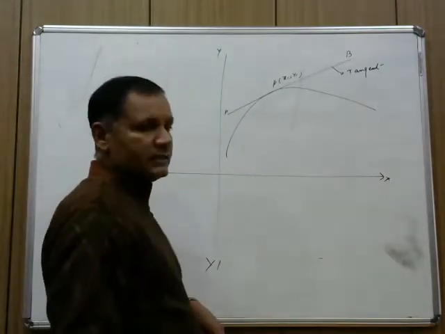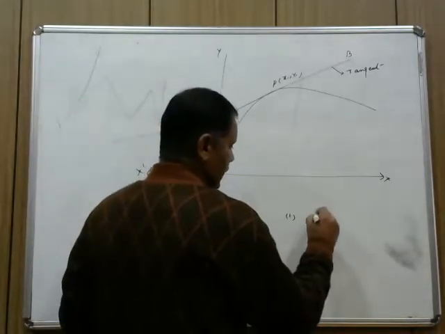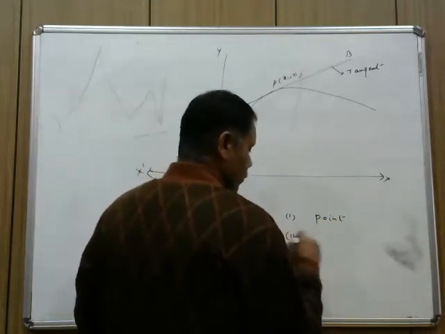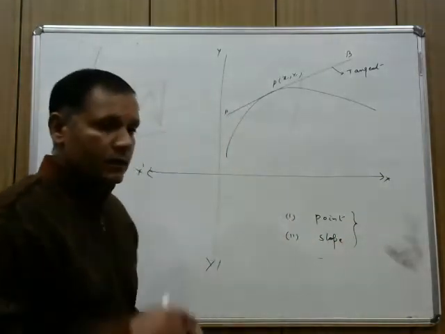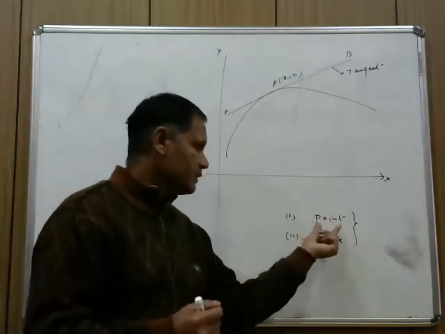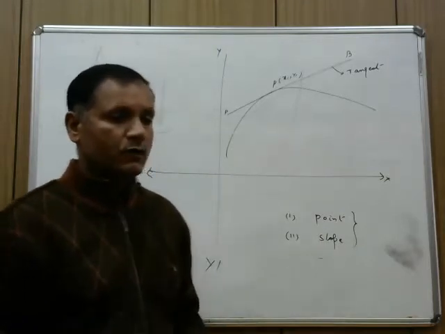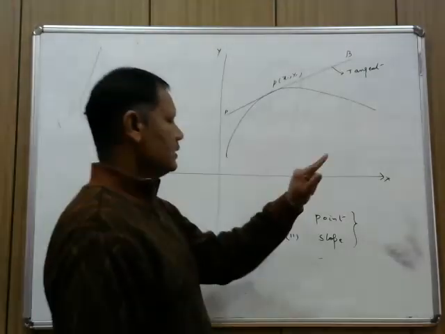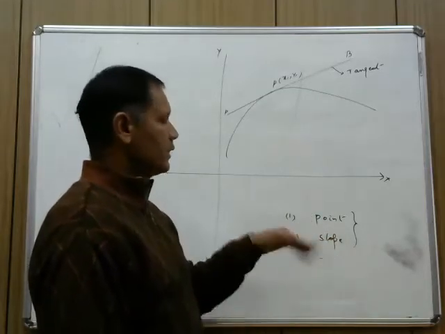To have the equation of the tangent, first of all, two things are required. First, at which point? And second, what should be the slope? Two things are very, very important. We have to know at which point we draw the tangent and what the slope of that line is.